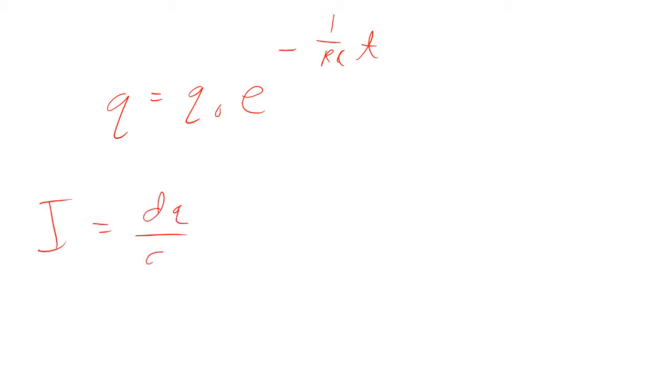So I would say, therefore, that Q is going to be some Q naught e to the minus 1 over RC times time. So there's my discharge rate of the capacitor. There's the Q on the capacitor. If I want to know the current, that's going to be dQ/dt, so the rate of discharge is going to be equal to minus Q naught over RC e to the minus 1 over RC t.